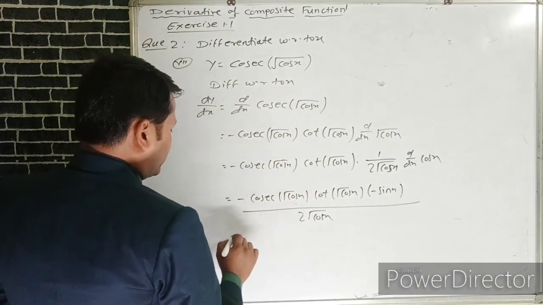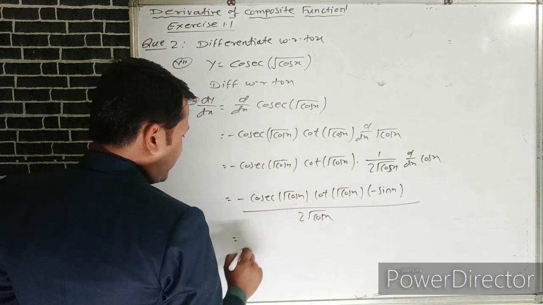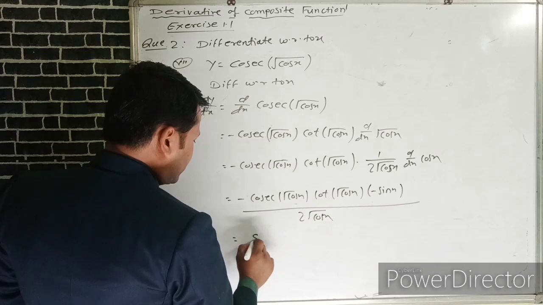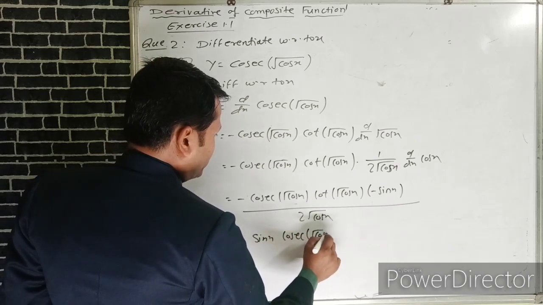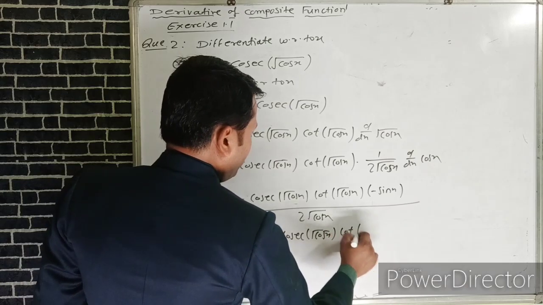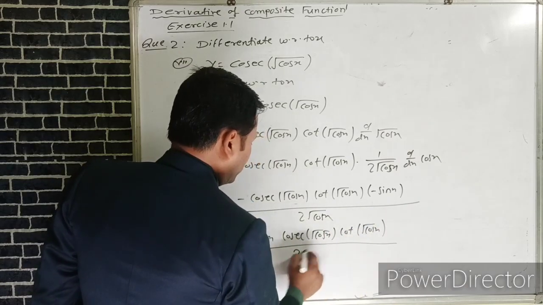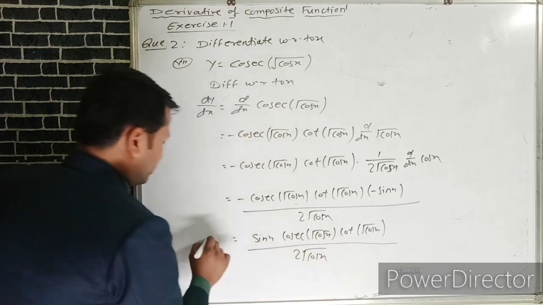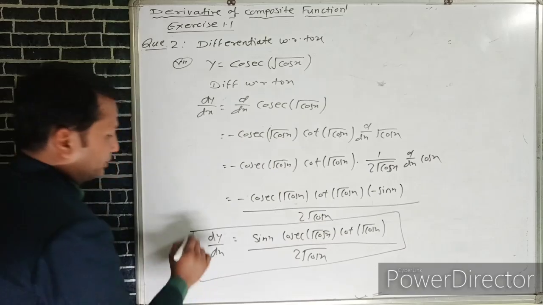Minus minus is plus, hence we can write it as sin x into cosec of under root cos x into cot of under root cos x upon 2 under root of cos x, which is the required derivative of y, dy upon dx.